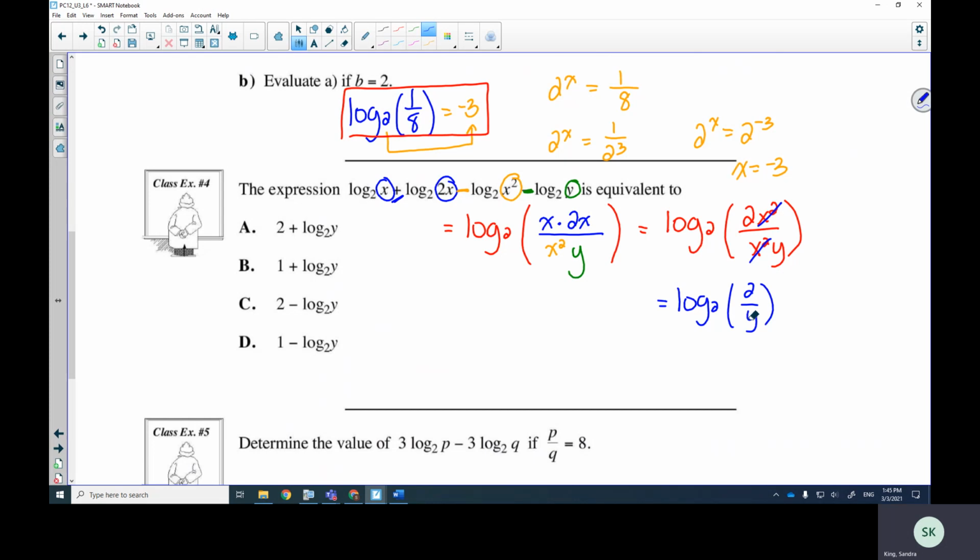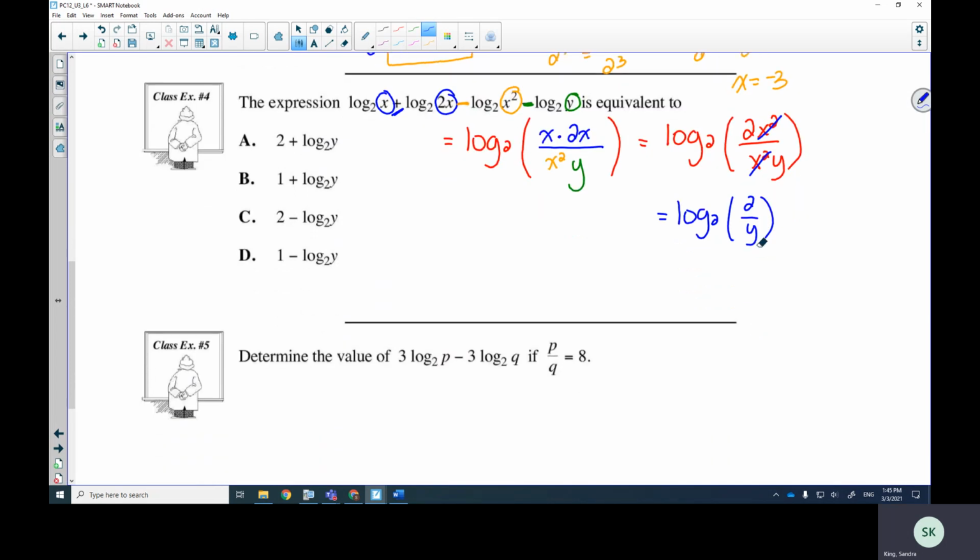So what law was it that had quotient law? Like, were the logs subtracted or were they added to get quotient law? They were subtracted. So if I say, can you please break this apart into 2 logs, what would it look like? This would be the log base 2 of 2 minus the log base 2 of y. Because think about it.